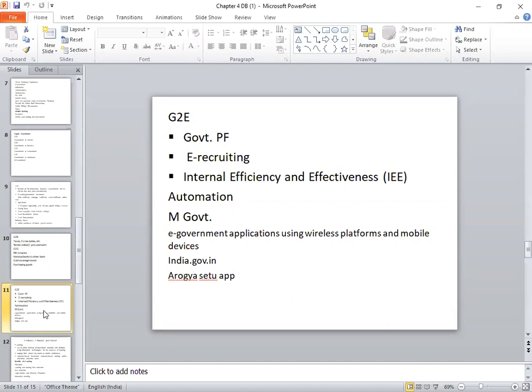Government servants, government employees. What about others? Now, in some of the organizations, I've given one example of provident fund. Okay, so even in private sector, do you find this?